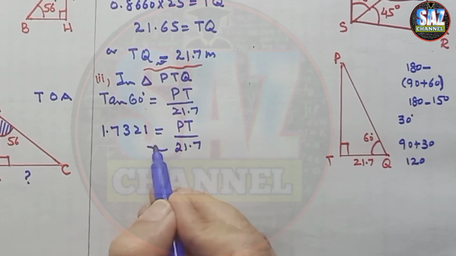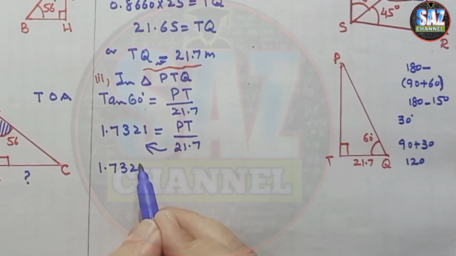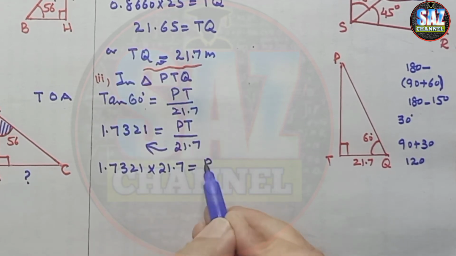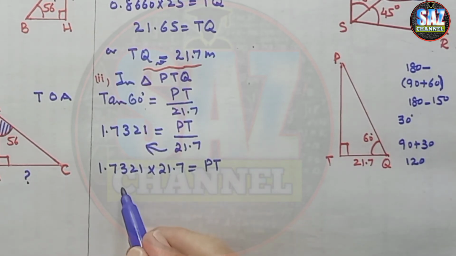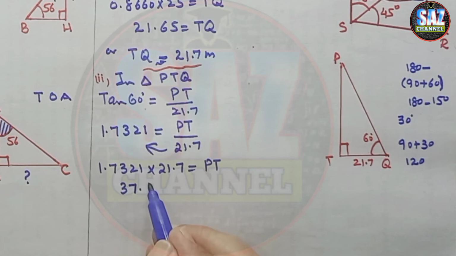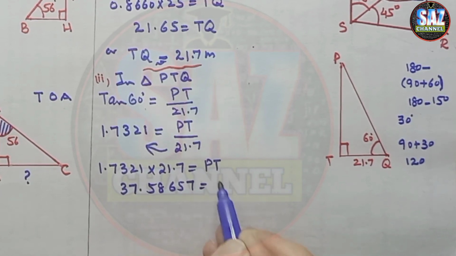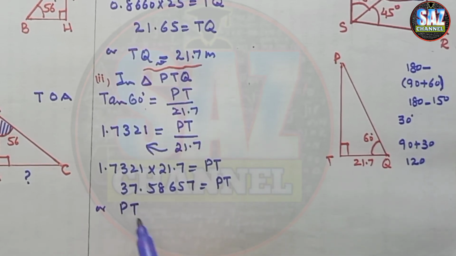Go for cross multiplication and this will give me 1.7321 multiplied by 21.7 equals PT. Now 1.7321 multiplied by 21.7 gives me 37.58657 equals PT.